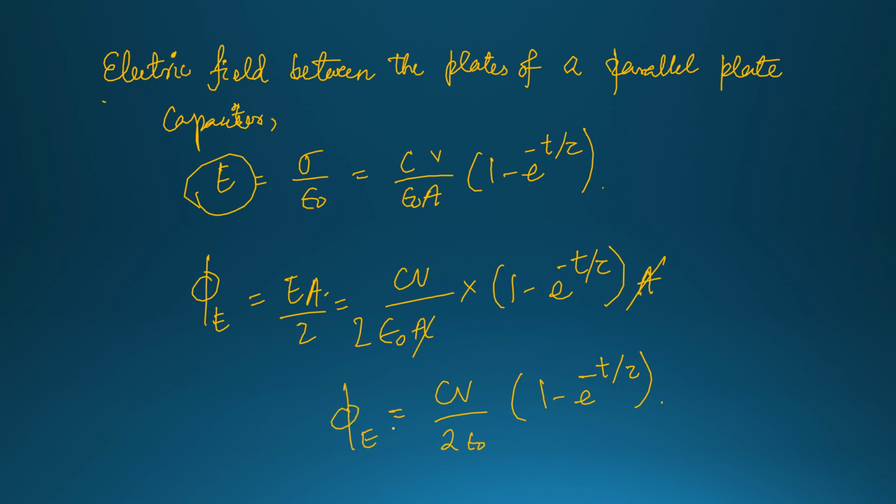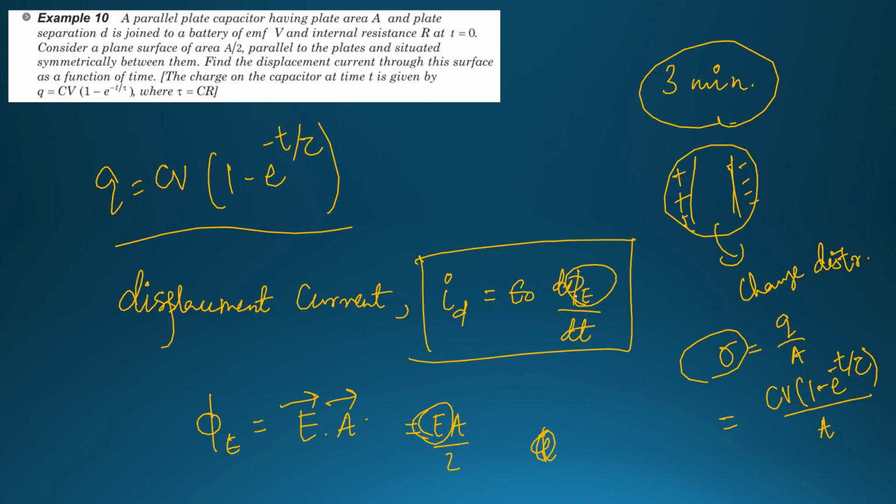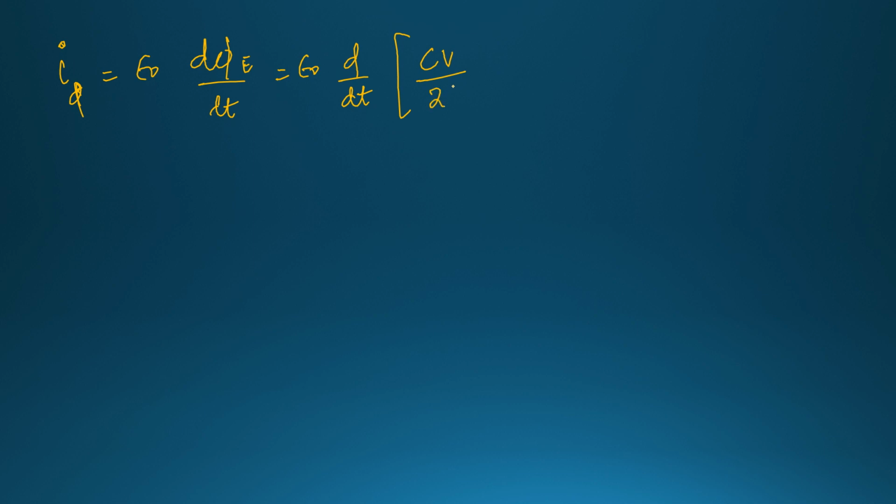So we needed phi. We have to put it here in place of d by dt. So displacement current ID is equal to epsilon naught d phi e by dt. That is epsilon naught d by dt of CV by 2 epsilon naught, 1 minus e to the power minus t by tau.